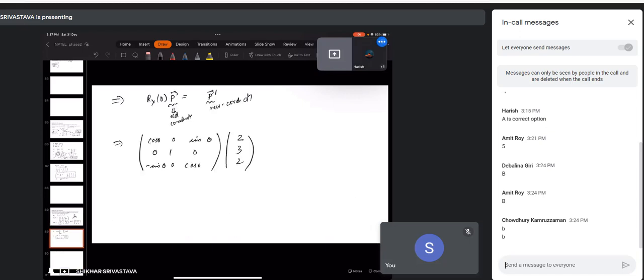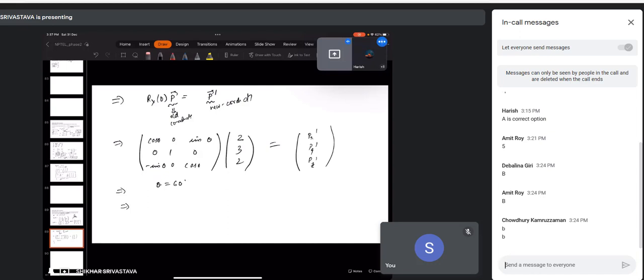So then what is the value of px dash, py dash, pz dash? That is the new coordinate system. Theta is 60 degrees, anti-clockwise, so theta is positive.